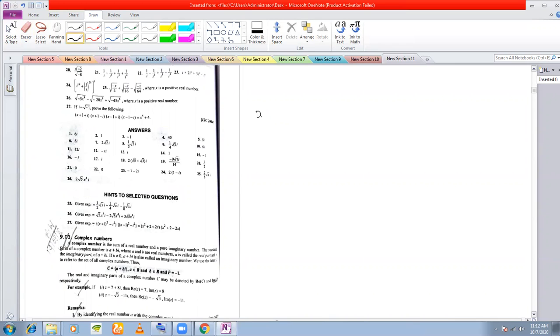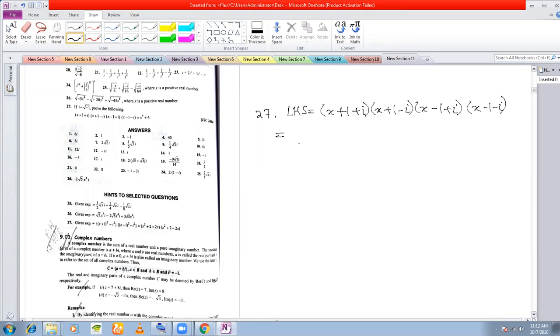So 27 here is prove the following. We start from the left hand side. LHS is equal to x plus 1 plus i, x plus 1 minus i, x minus 1 plus i, and x minus 1 minus i.